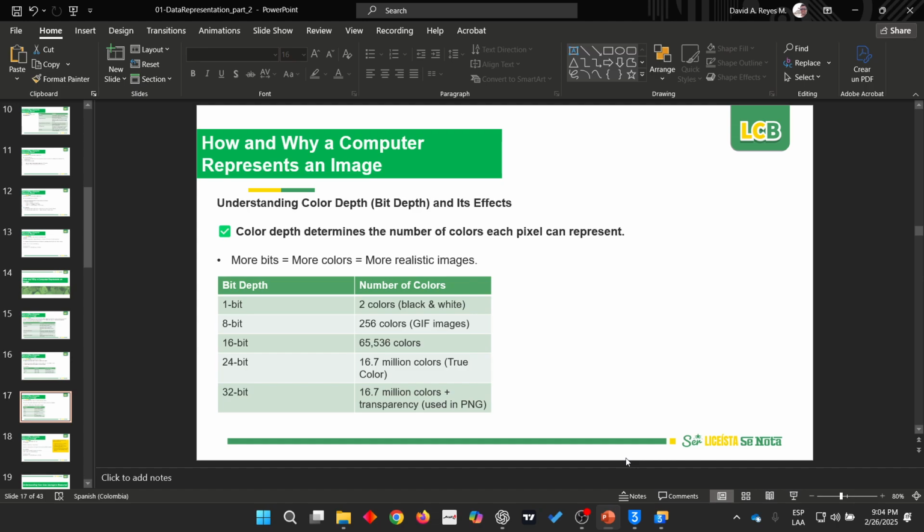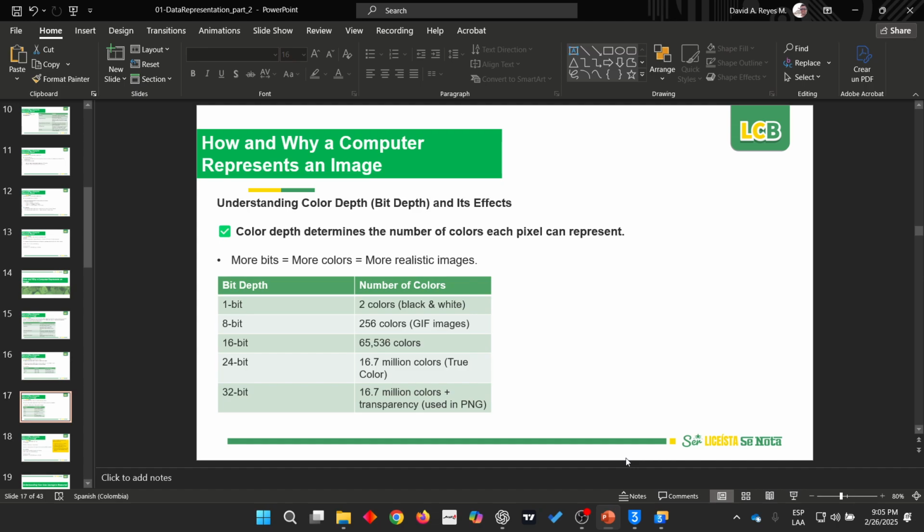If you use 1 bit, you are going to have a black and white image. If you use 8 bits, that means 256 colors, which is used for GIF images. If you're using 16 bits, that means 65,536 colors.